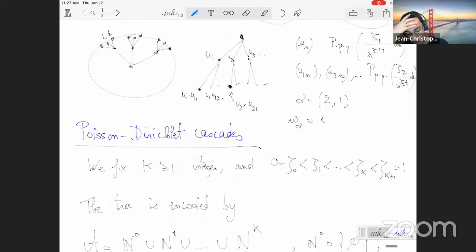And so I say it's U_2 times U_21. U_2 is the second value of the process which is attached to the root. And U_21 is the first value of the process which is attached to the site indexed by 2. Sounds good.